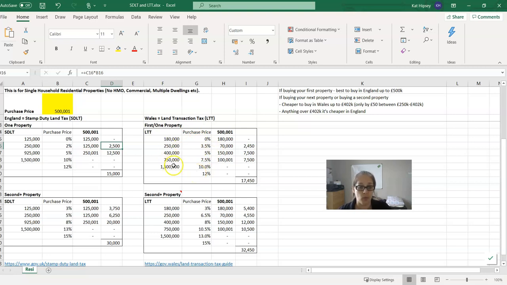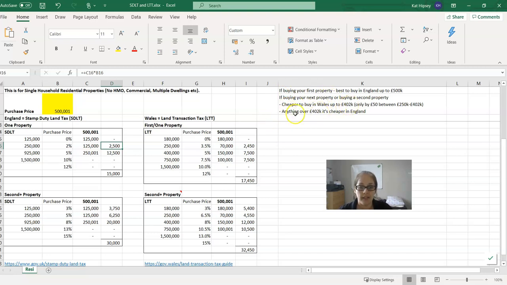There are a lot more tiers in Wales, and they've got different percentages. So if you're living on the border of England and Wales and you're not sure where to buy your next property, I did some calculations.